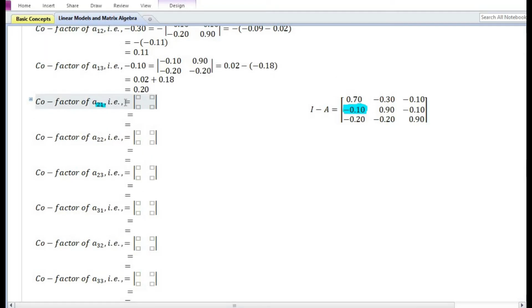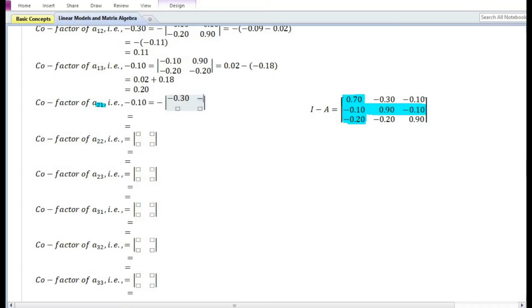Cofactor of A21, that is minus 0.10. 2 plus 1 equals 3. 3 is an odd number, so we have a negative sign. Deleting the row and the column, we have minus 0.30, minus 0.10, minus 0.20, 0.90. Minus times plus equals minus. 0.30 times 0.90 equals 0.27.